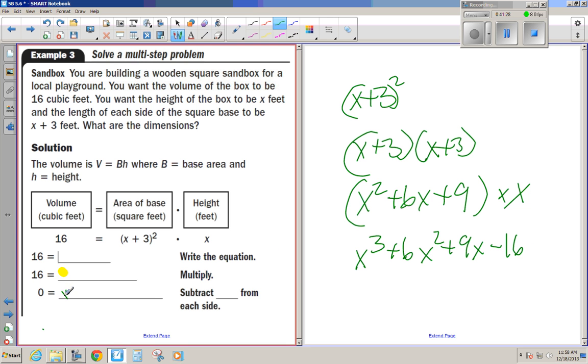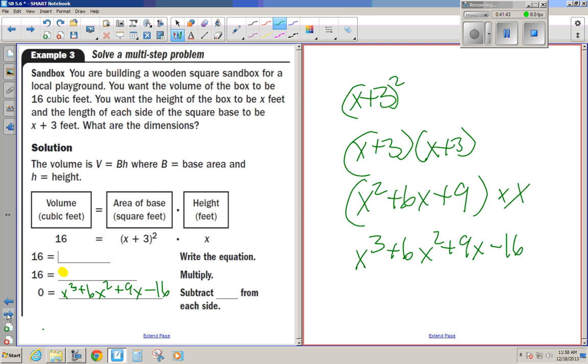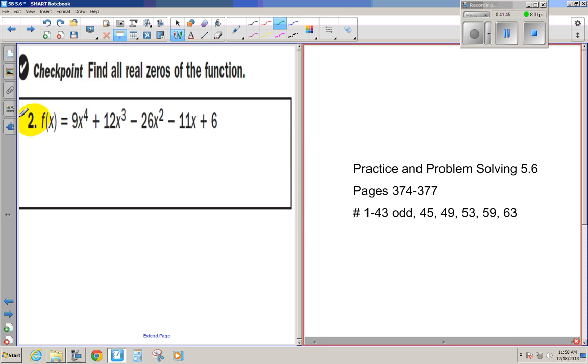So you now have to factor completely an x cubed plus 6x squared plus 9x minus 16. So you should be able to solve the rest of that. All right, so I did most of your guided practice. Do this checkpoint here. This is what we'll work on in class. Good luck.